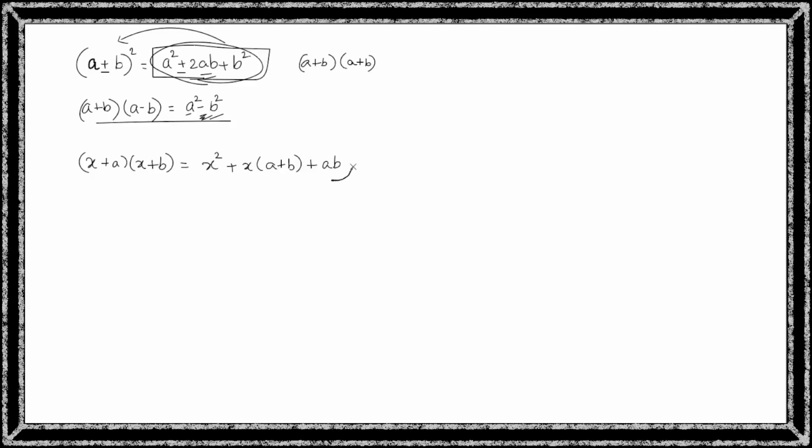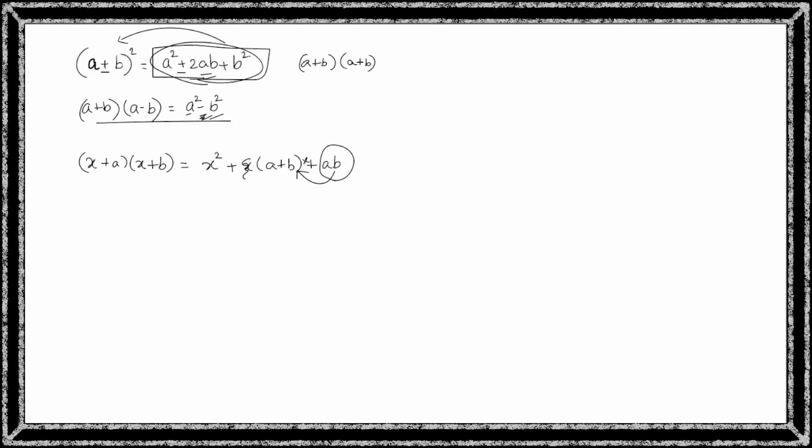The constant term, if you can write it as a product of two factors such that their sum is the coefficient of x, then you can say that this is nothing but x plus a into x plus b. You will be able to understand this better once we do the sums.